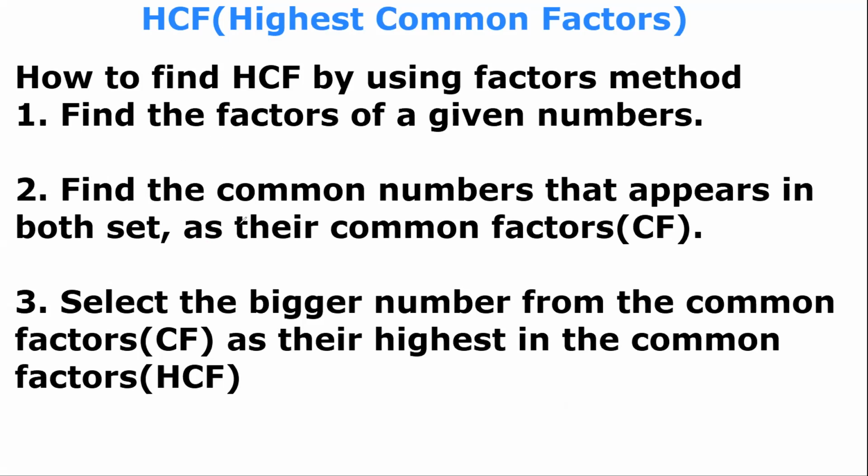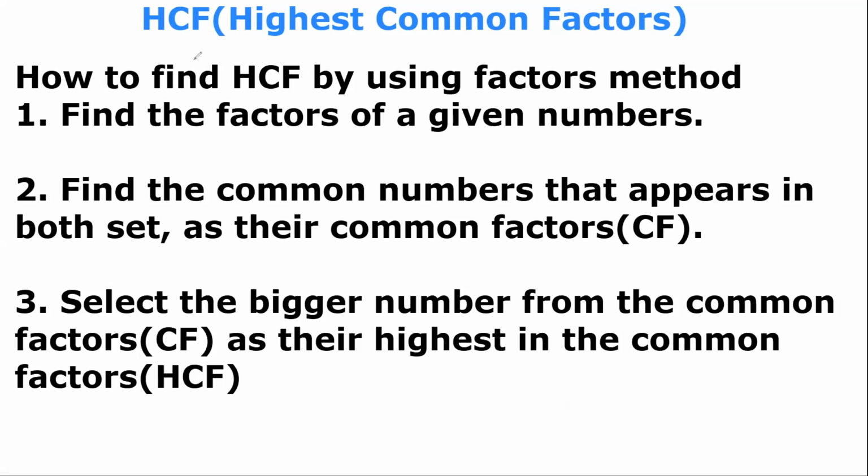Let's learn how to use this method here. 1, find the factors of the given numbers. 2, you find the common numbers that appear in both sets as their common factors. 3, you select the biggest number from the common factors as the highest common factor.